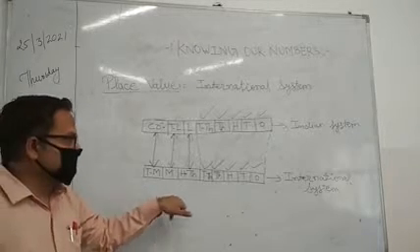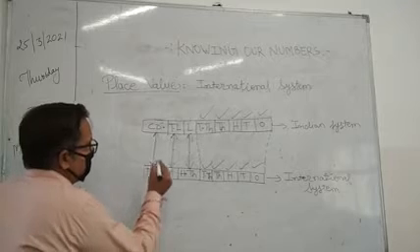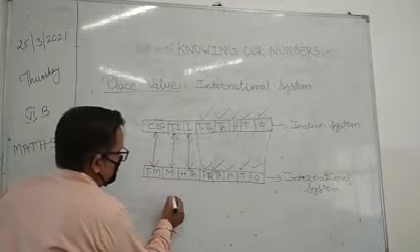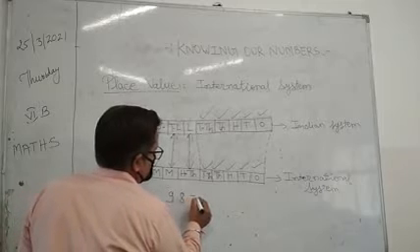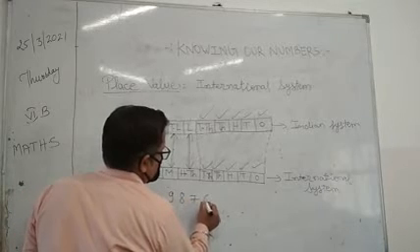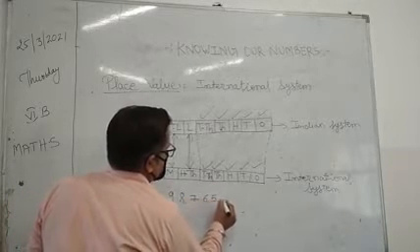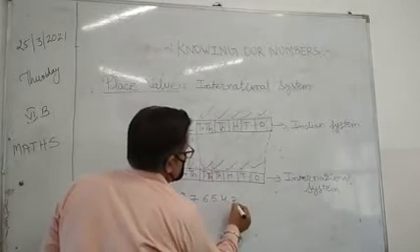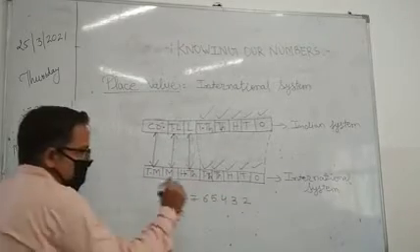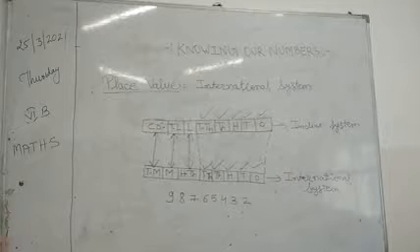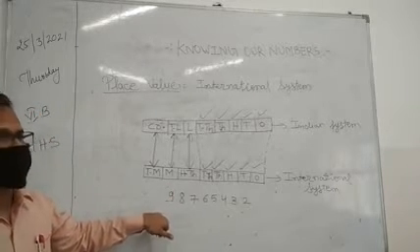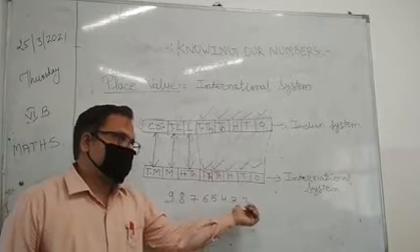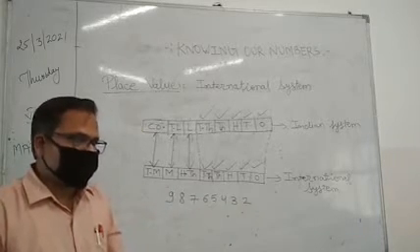Suppose I take an example, suppose I am writing this number. Now I want to insert the commas in the Indian system and then in the international system.